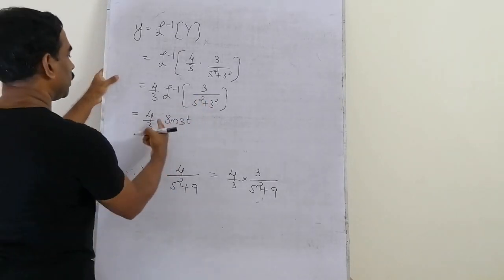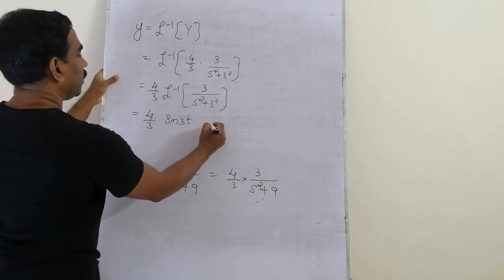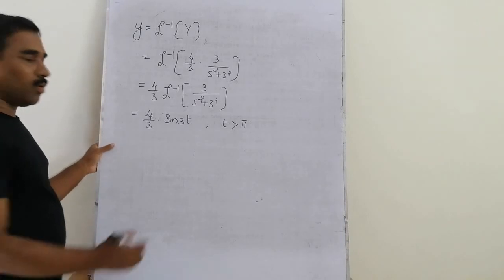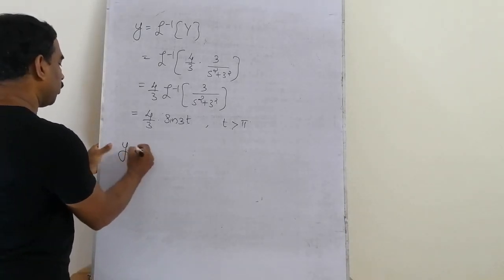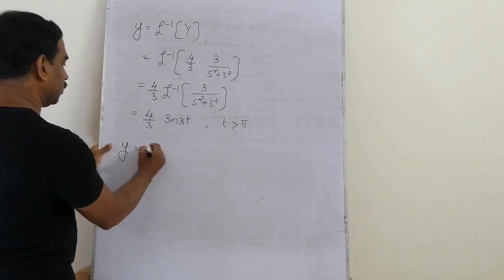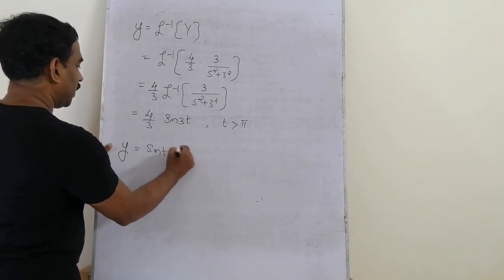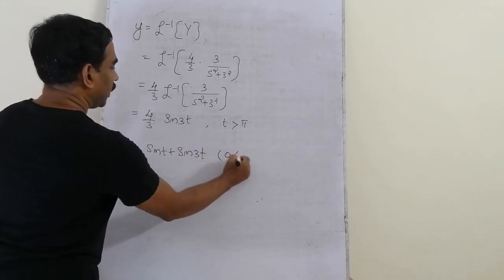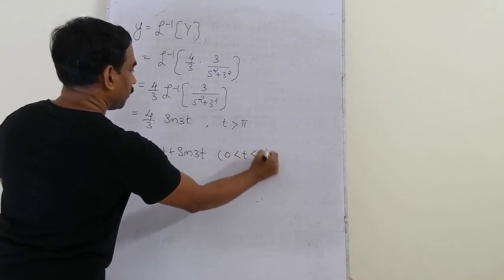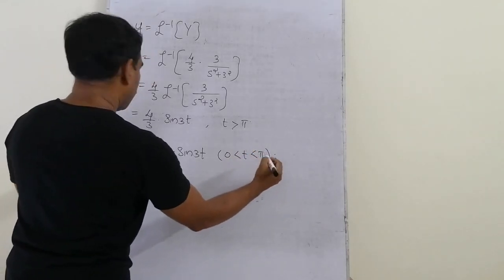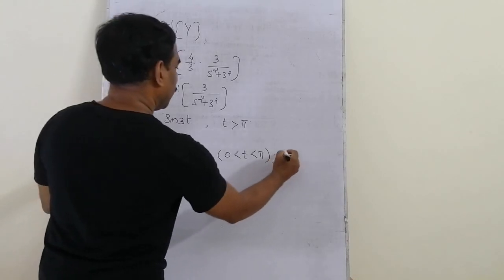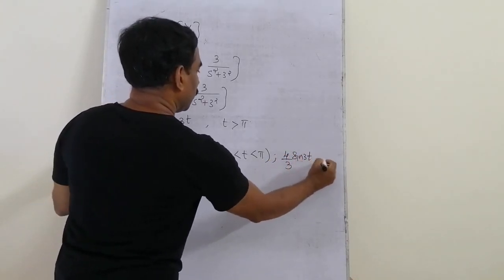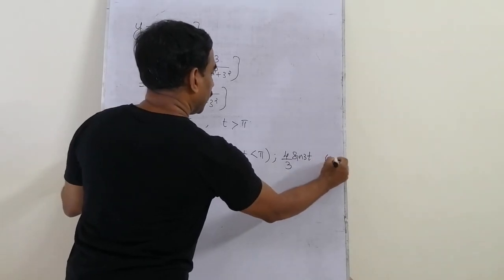So the second part of the solution, 4 by 3 into sin 3t, is valid for t greater than pi. Hence the whole solution of the given initial value problem can be written as y is equal to sin t plus sin 3t for the range 0 less than t less than pi, and the second part of the solution, 4 by 3 sin 3t, for the range t greater than pi.